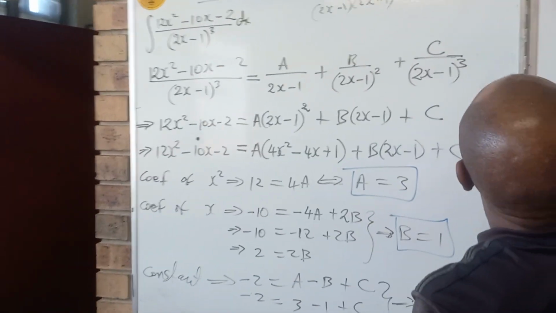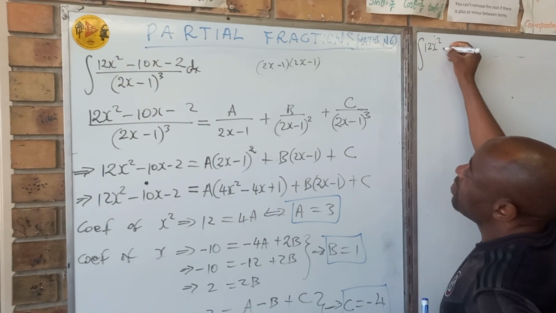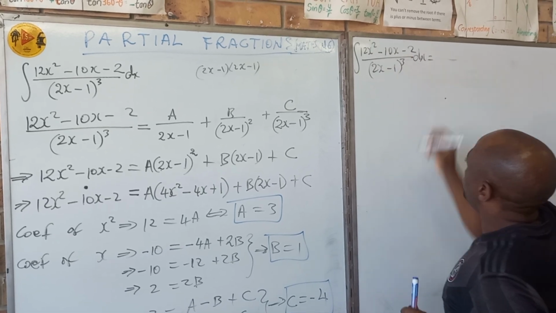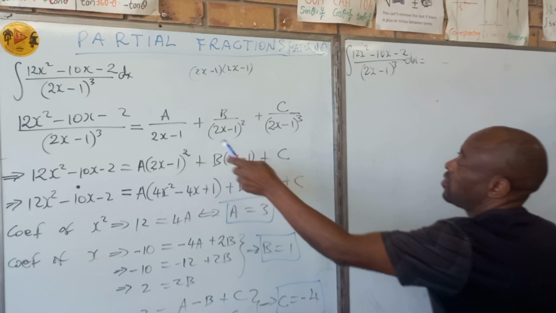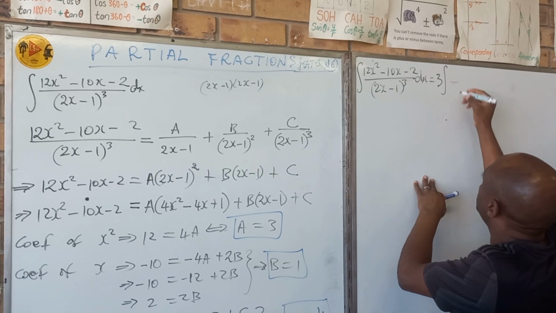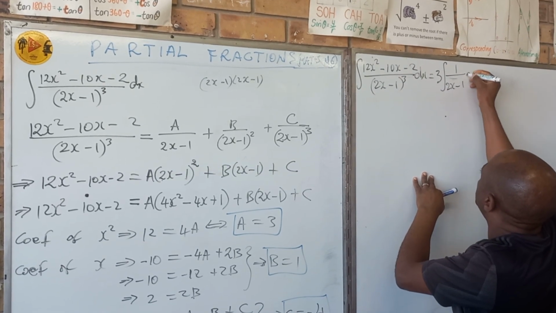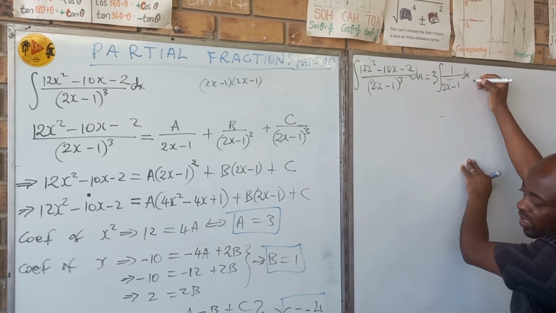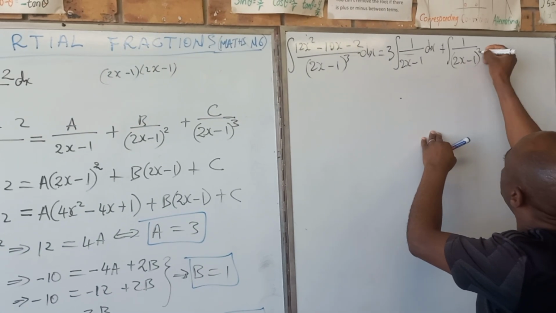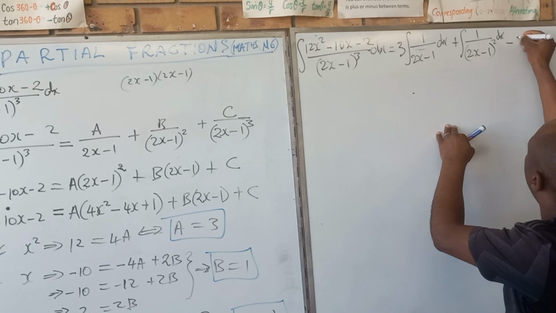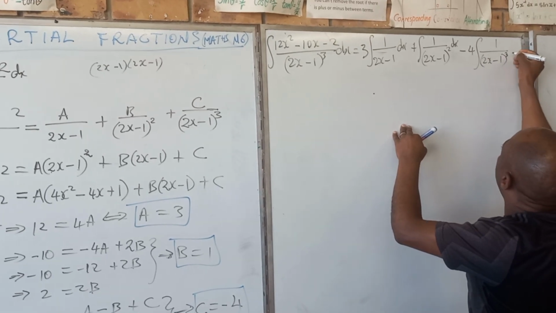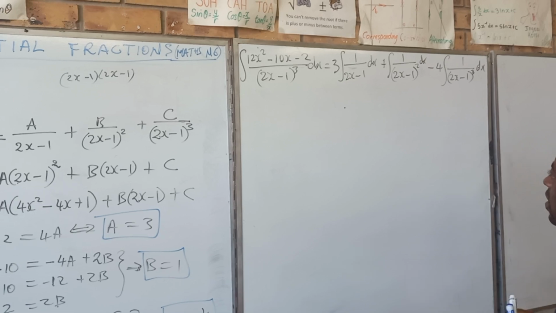So my integral of 12x squared minus 10x minus 2 over 2x minus 1 all cubed will be replaced by, where A, B, and C are constants, and I keep saying, practice taking all your constants outside: 3 times the integral of 1 over 2x minus 1 dx, plus B, which is positive 1, the integral of 1 over 2x minus 1 all squared dx, while C is negative 4, a constant, so we get the integral of 1 over 2x minus 1 all cubed dx. If I can do those 3 integrals, then I'm sorted.